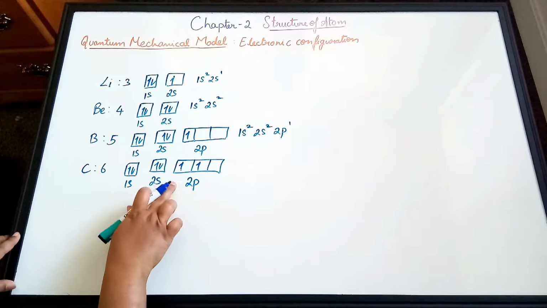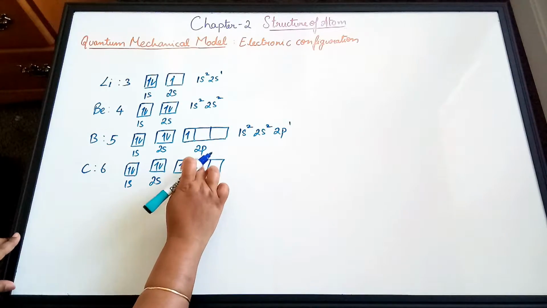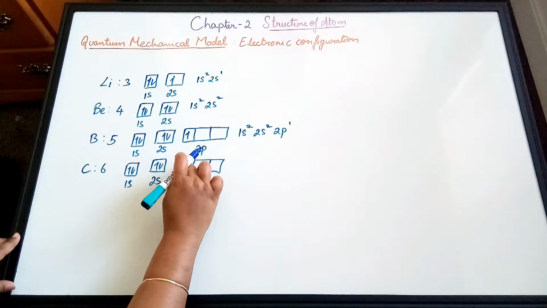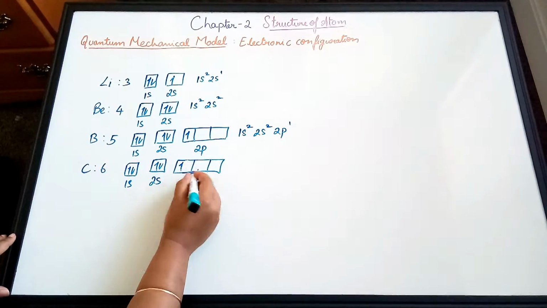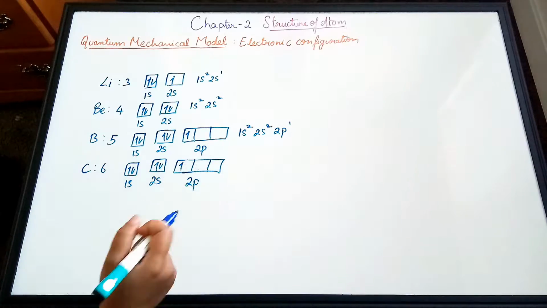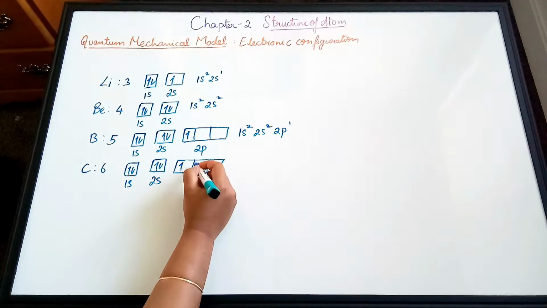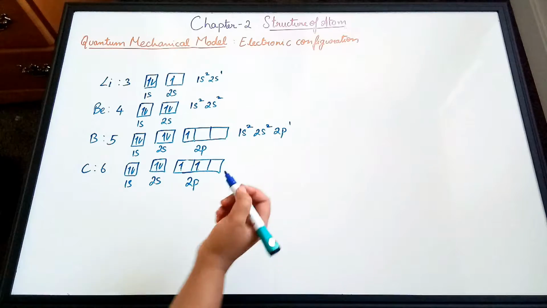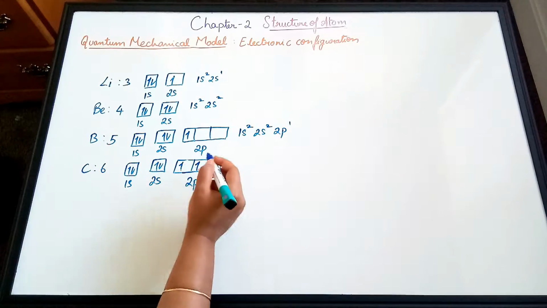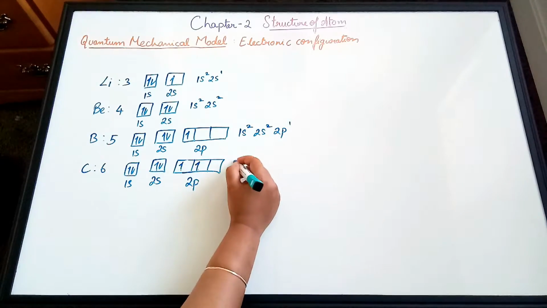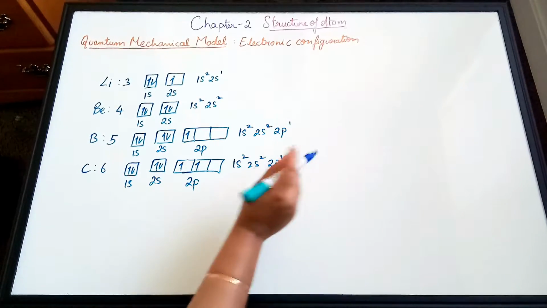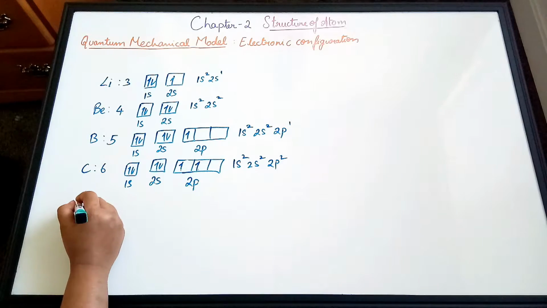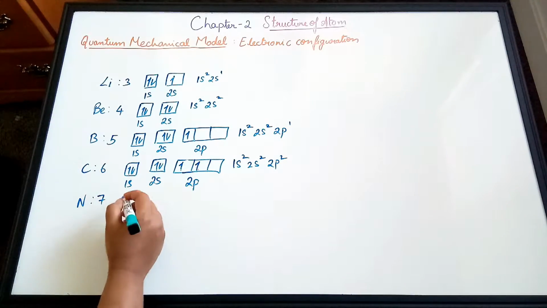Here remember, we will not be filling just two of the orbitals by pairing. The reason being, all 3 orbitals in the 2p have the same energy, so each of these will be filled first, and only then will we pair up. So you have 1s2 2s2 2p2. Next, nitrogen, whose atomic number is 7.